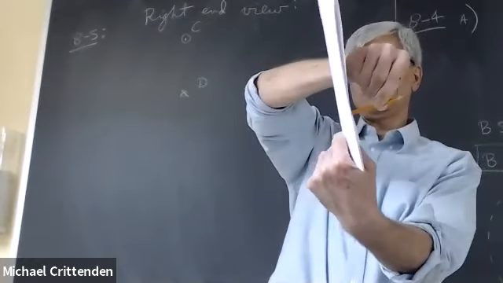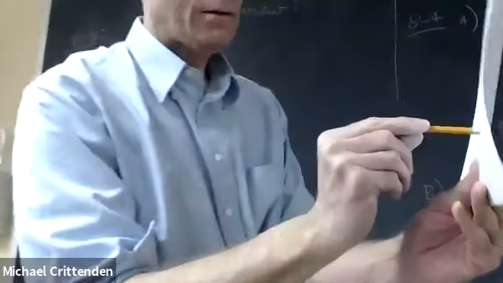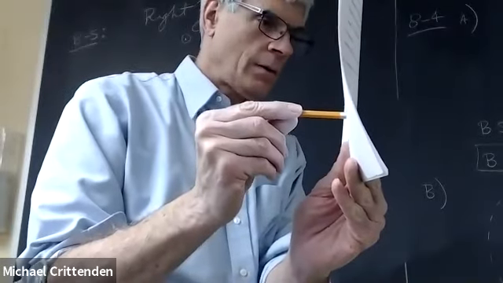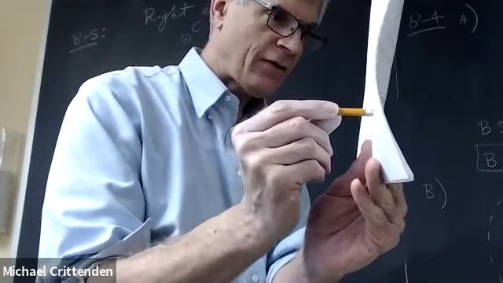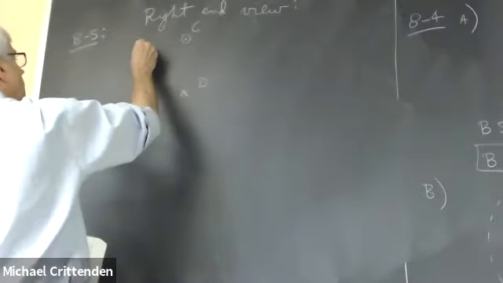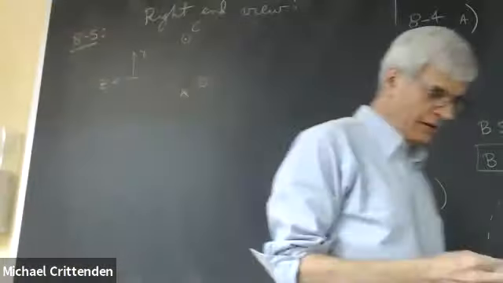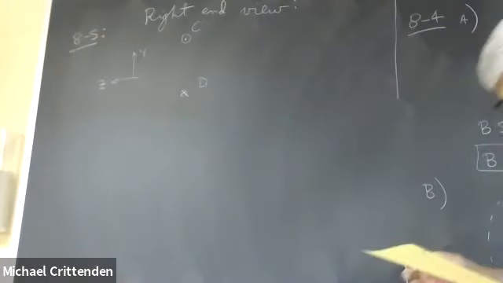If I'm looking at it from the right-hand end, the y-axis is toward the top and the z-axis is toward the left. So y is that way, z is that way, and x is perpendicular to the plane of the blackboard from that point of view.